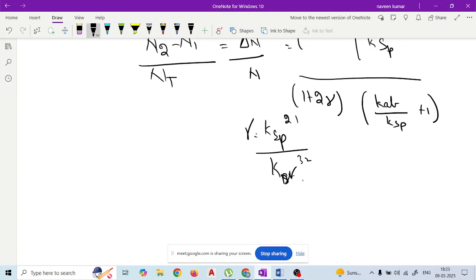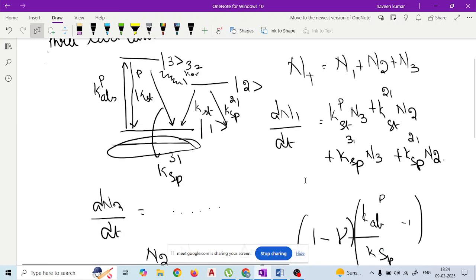The three-level system that we are discussing allows us to decouple the states. What exactly is decoupling the states? Remember, K absorption, which we discussed in previous classes, is dependent on the incident light radiation. So the number of molecules present in the ground state is dependent upon the absorption phenomenon, as is K_st.